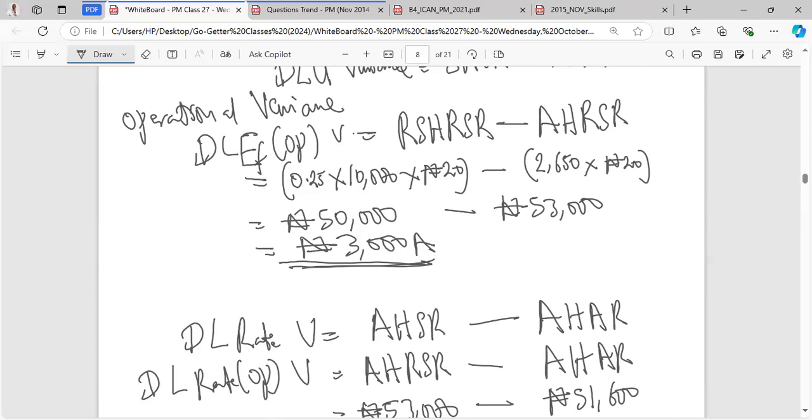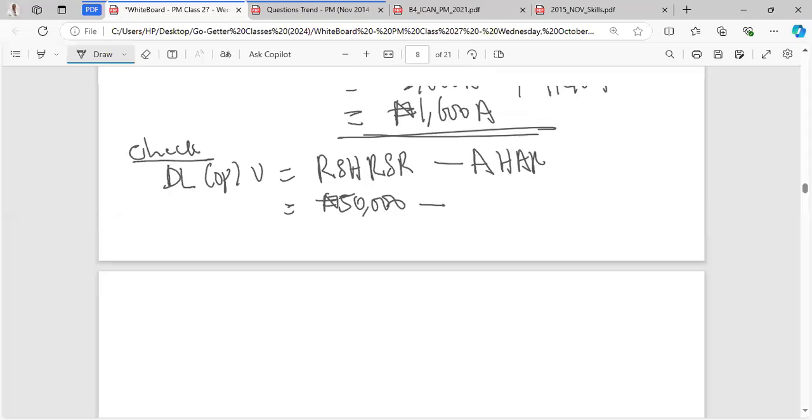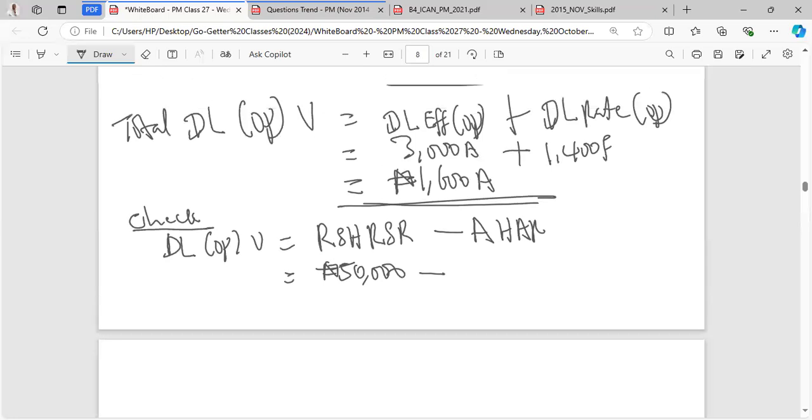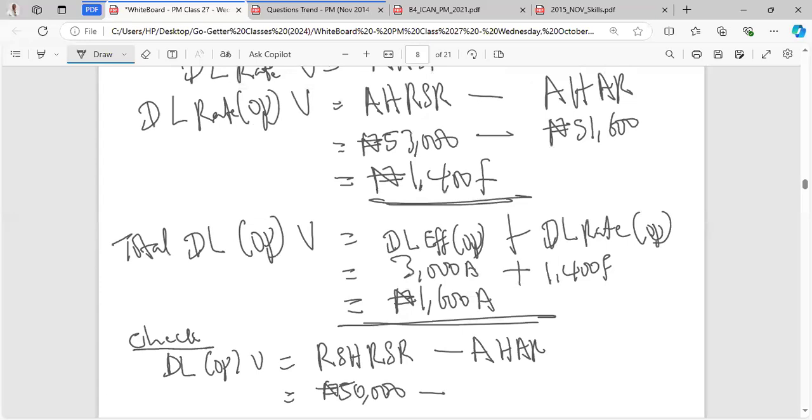So no need to calculate further. Actual hours actual rate, got it here, 51,600.